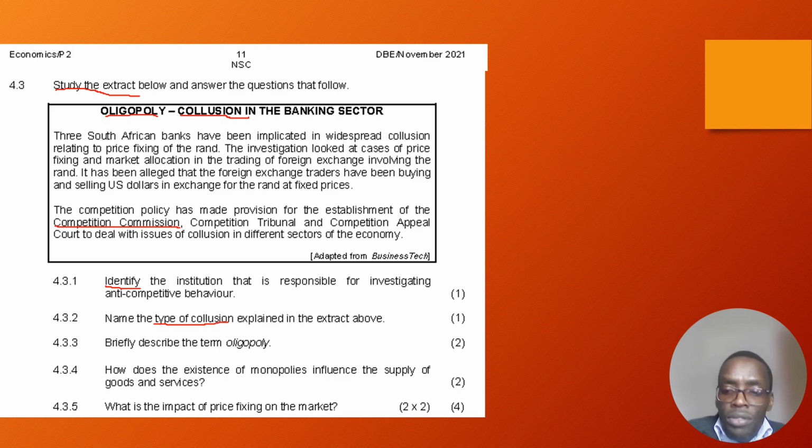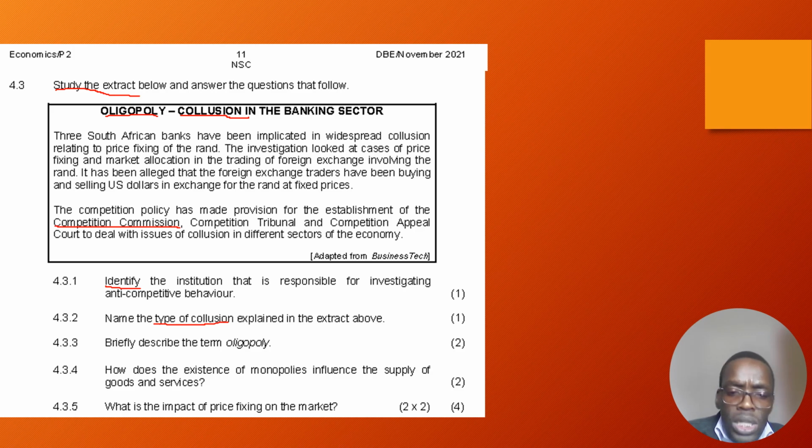Now when we say overt collusion, we are saying this one is a formal agreement that is entered into by firms to manipulate output with the intention of pushing up the prices, and such a type of collusion is of a formal nature. They actually agree on it, so we sometimes call it explicit collusion.